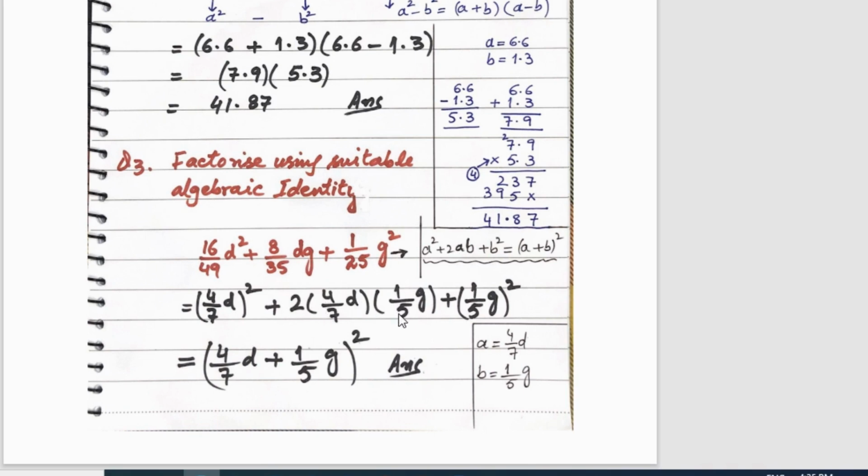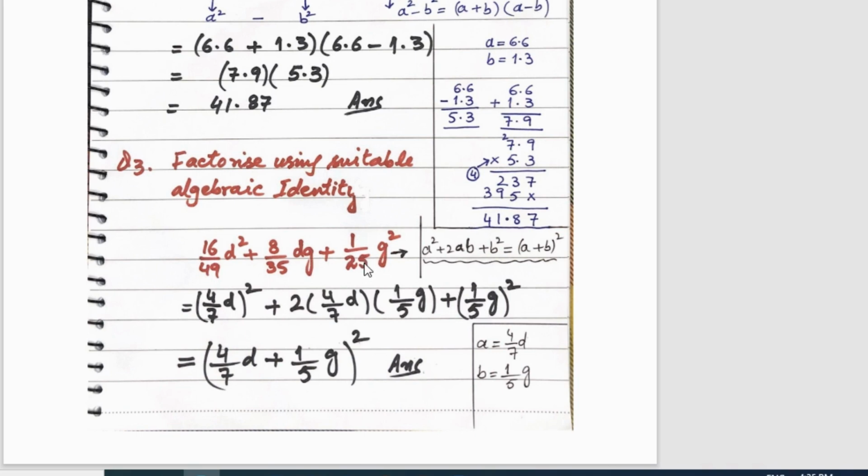It is very important to check it, and it is very important to check these squares as well, whether we can get this 16 over 49 back or not, whether we can get 1 over 25 back or not. Whenever you convert some given fraction or number into a square, you should check whether we are getting the original term back or not.